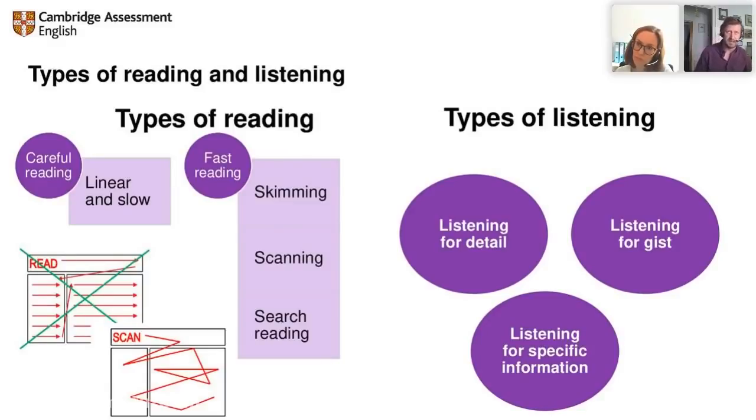Some of the task types are designed to be, A, boring, so they don't get too involved, and B, they don't have much time. When we're testing scanning or looking for specific information, the text will be very long because we don't want them reading everything, reading the question, reading everything. We want to encourage them to be using these sub-skills.